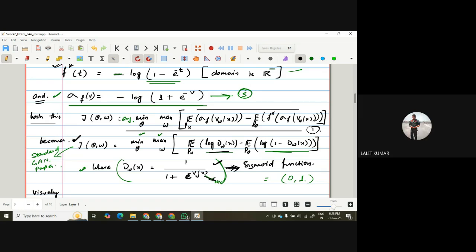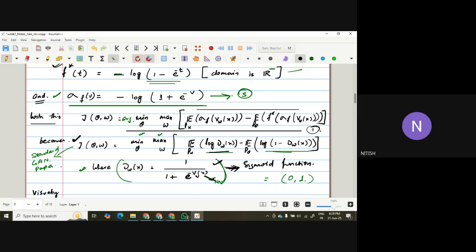When you keep on training, when you find the theta and W, then P theta and Px come very, very close to each other. And when you generate now, it will look like it is coming from the distribution Px.